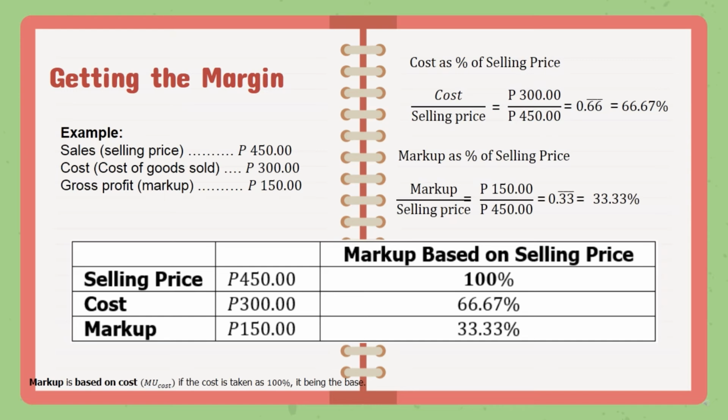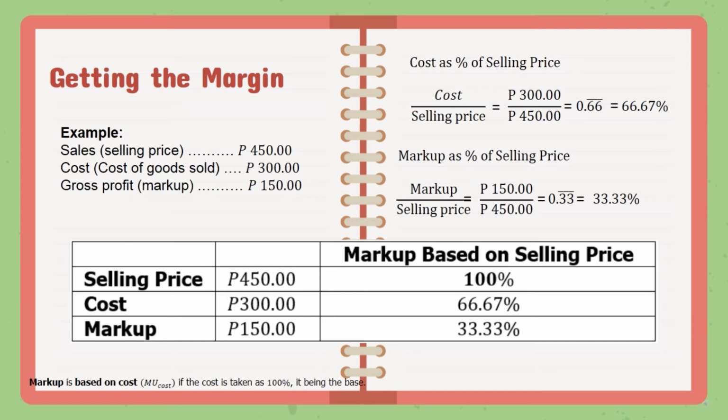First, we will solve the cost as a part or percentage of the selling price. Gagamitin natin ang formula na cost over selling price multiplied by 100. So you will have your cost as 300 pesos over the selling price, which is 450. 300 divided by 450 gives you 0.66 repeating.